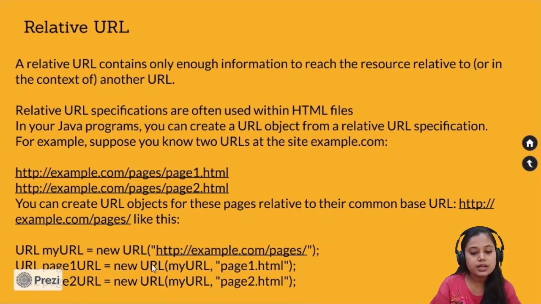Then we create the page 1 URL by creating the URL object and mentioning the first URL and then the page corresponding to it. Then we specify the second URL, and in the constructor we pass the URL object of the specific page, and then we specify the next parameter, which is page2.html.